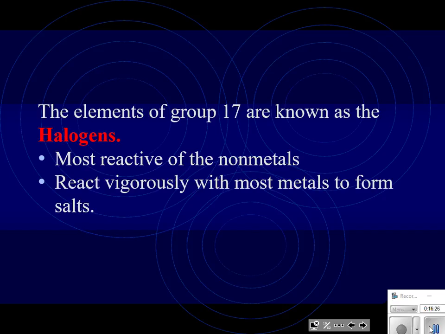So you're going to see later on when we discuss this that these metals combining with nonmetals are all referred to as salt. Now, when we think of salt, we think of table salt, sodium chloride. Okay? That is an example of a salt, but literally anytime we have a cation mixing with an anion, we classify it as a salt.